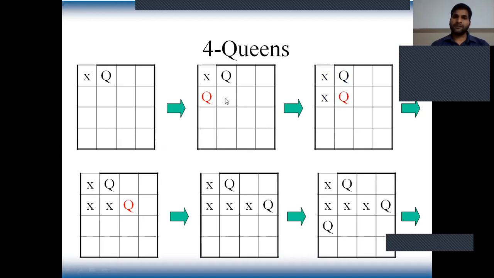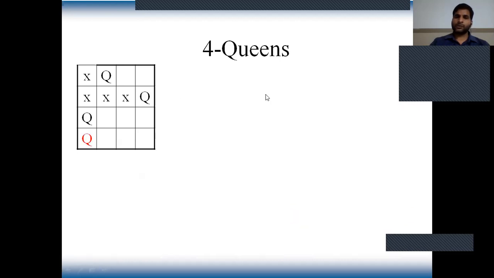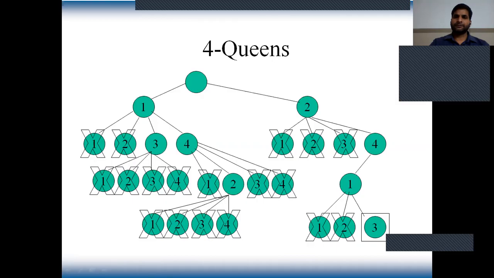We cannot place 1, 2, 3, but we place it in this position. So in the state space tree diagram, after placing the first queen in column 2, we cannot place 1, 2, 3, and we place the value equal to 4.